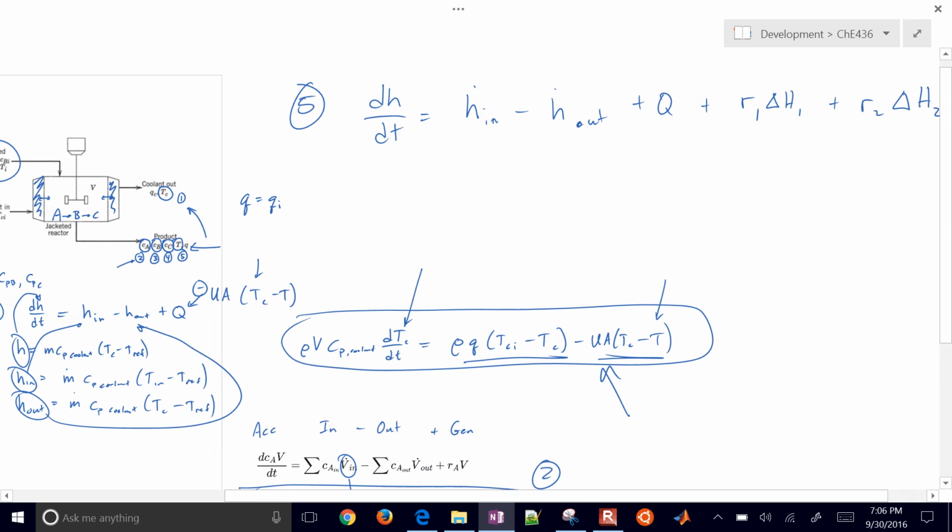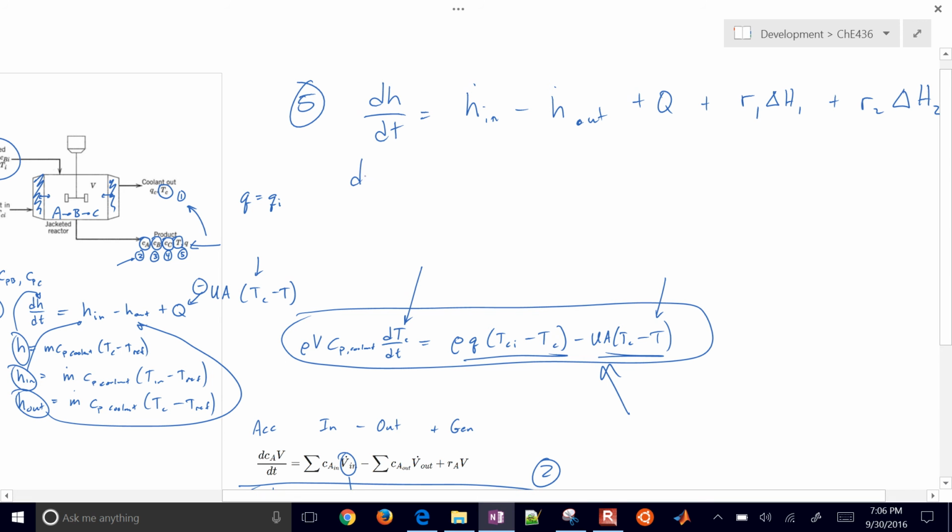So we have D, mass of A times C sub P of A plus mass of B times C sub P of B plus mass of C times C sub P of C, the heat capacity of C. And in internal parentheses, T minus T reference.